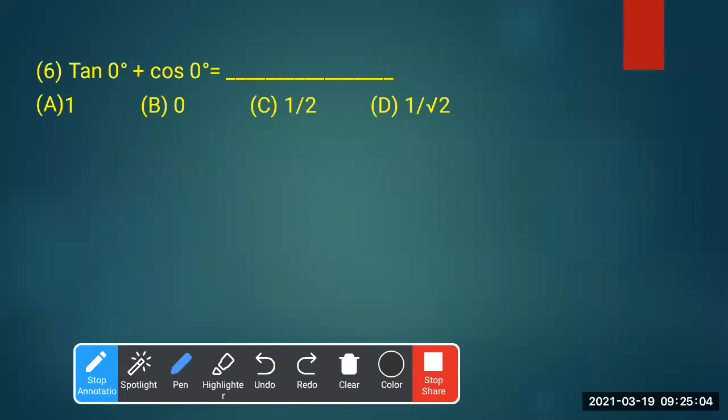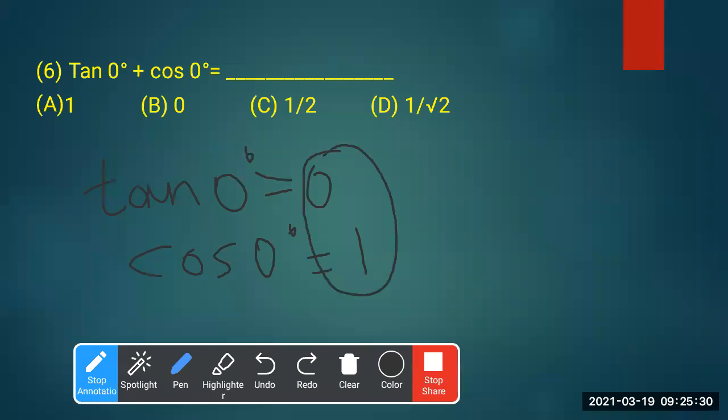So tan 0 degree plus cos 0 degree. From the table, the value of tan 0 degree is 0, and cos 0 degree is equal to 1. I have got these values from the table, students, and you have to substitute them here.